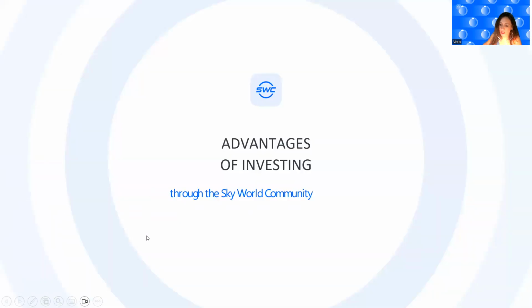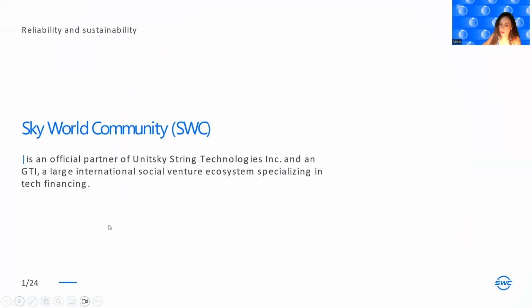What are the advantages of investing through the Skyward community? Skyward community is an official partner of UST Technology Inc. and GTI, a large international social venture ecosystem specializing in tech financing.